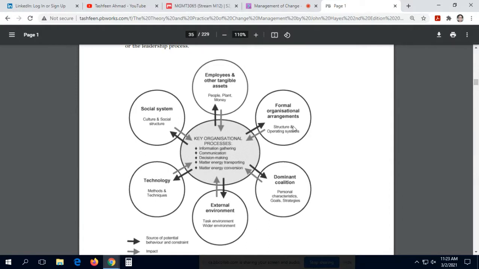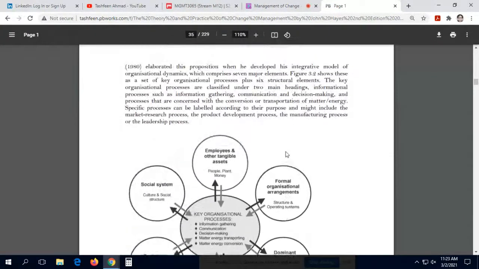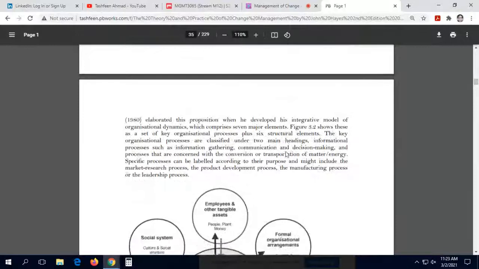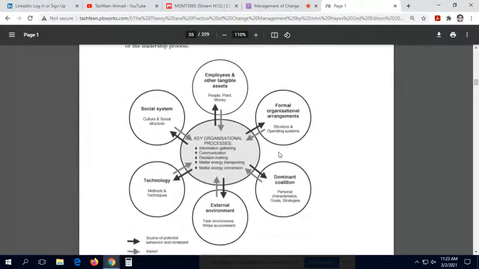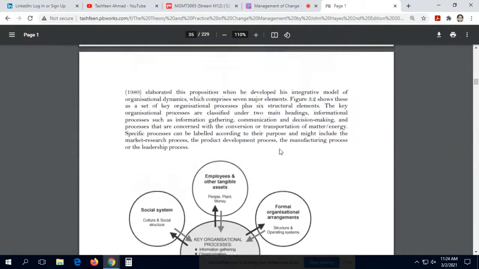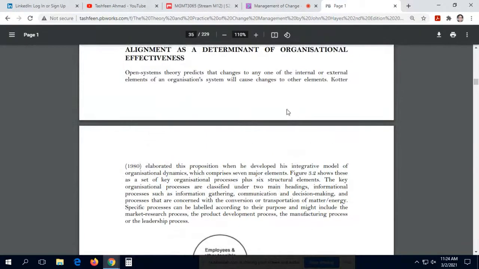So things are linked. In simple words, they are saying that everything within the organization is linked with each other, and also with things happening in the society. Things are interlinked. And you make one change in one area, it may have, well, they said will, but I am saying may.